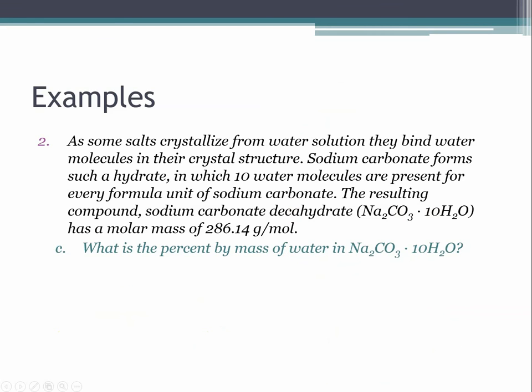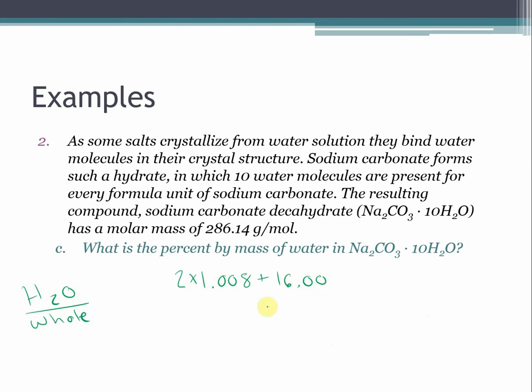All right, one last problem here. Letter C says, what is the percent by mass of water in sodium carbonate decahydrate? So once again, the thing we want is water, so we'll put our total mass of water over the whole compound. But this time we have 10 waters. So the mass of one single water is 2 times 1.008, because each hydrogen is 1.008, plus 16.00.